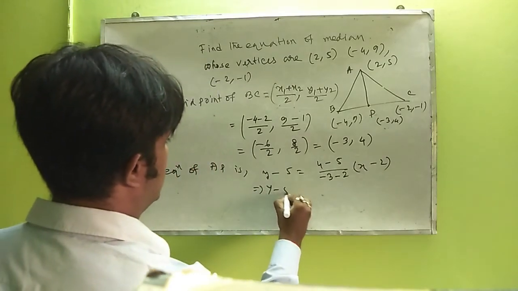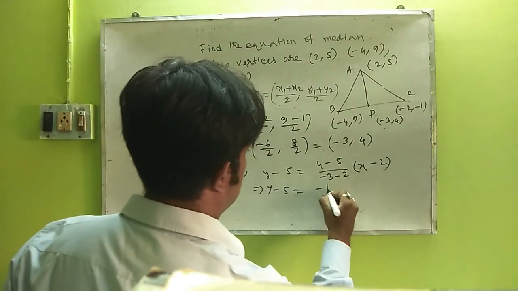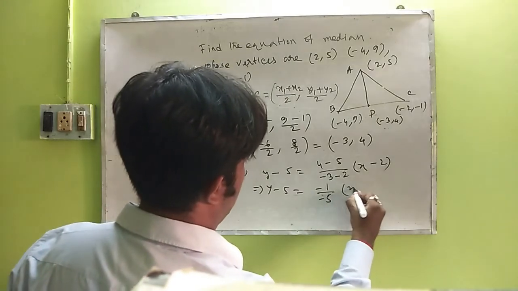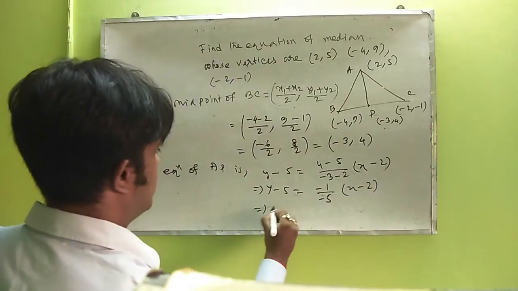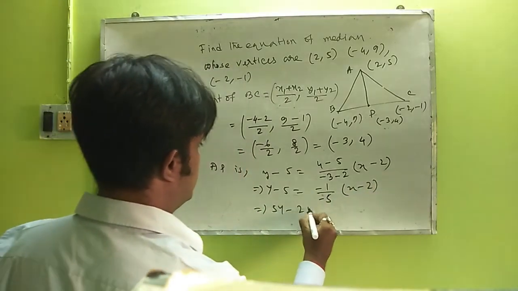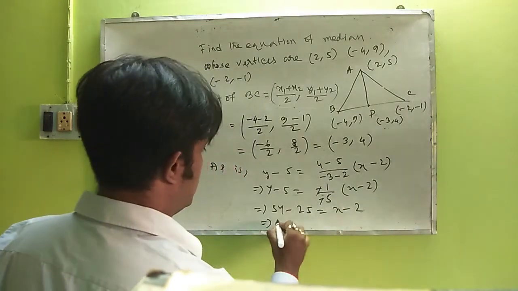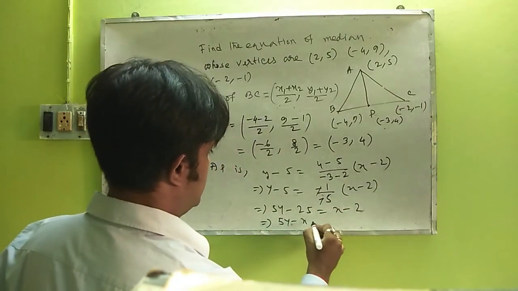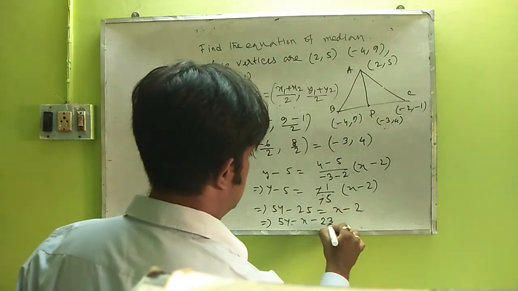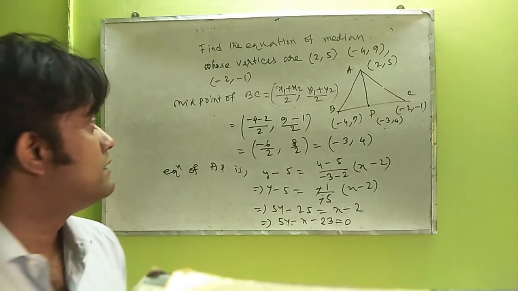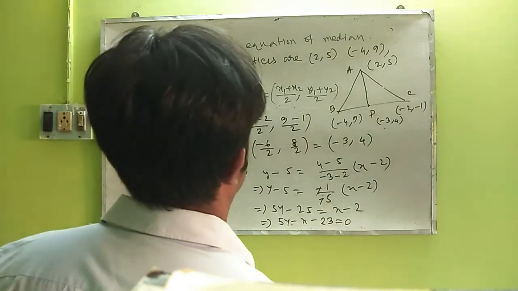This point is minus 3, 4. That is 5y minus 25 is equal to x minus 2. So 5y minus x minus 23 is equal to 0. So we find here the equation of AP.